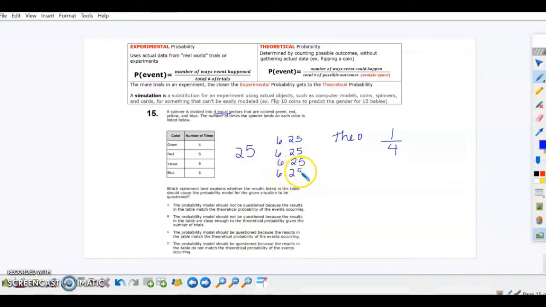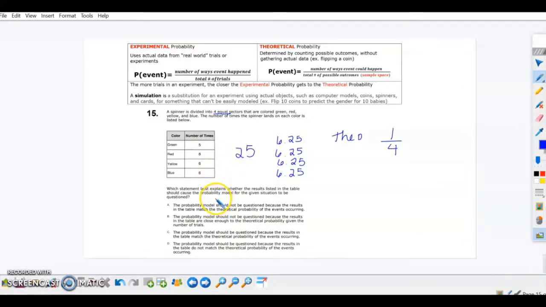Obviously, you can't have a 0.25, so that's why this is just theoretically. So the experimental probability for green was 5 out of 25 and for red 8 out of 25. For yellow, it was 6 out of 25, and for blue, it was 6 out of 25.